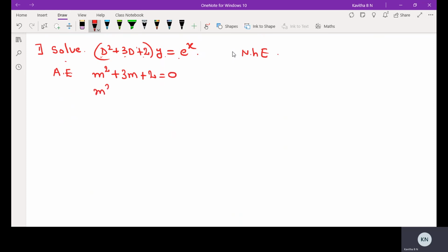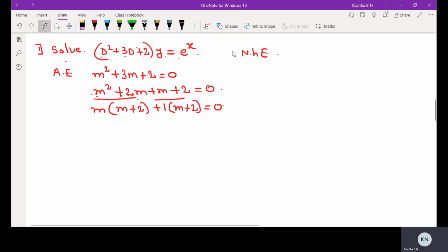Find the roots by factorization: m square plus 2m plus m plus 2 is equal to 0. Take m common from the first two terms: m into m plus 2, then take 1 common: m plus 2 is equal to 0.